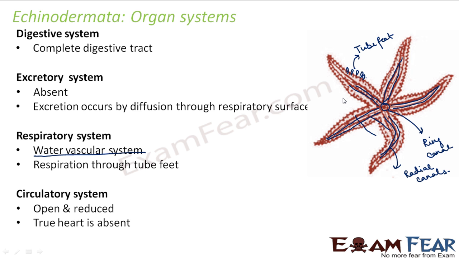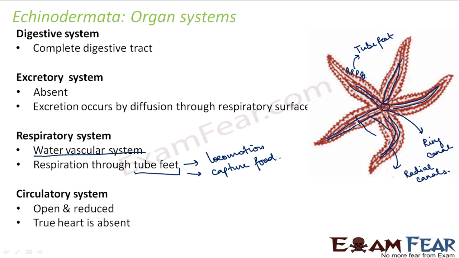So respiration occurs through the tube feet. The tube feet also help in capturing food as well as locomotion. So the tube feet perform multiple functions. This type of system is known as the water vascular system.